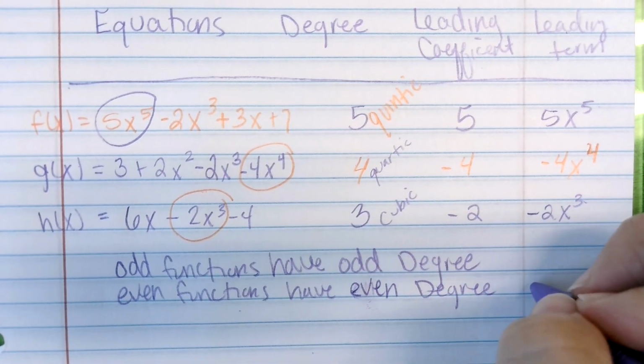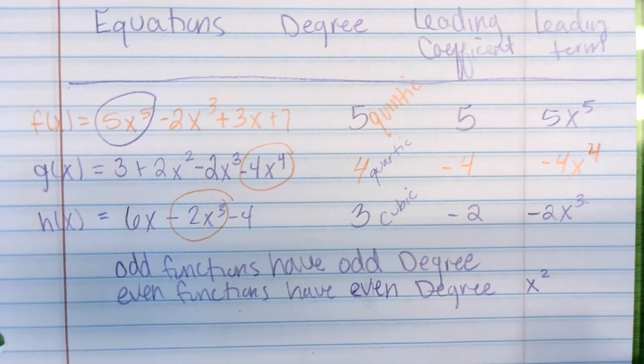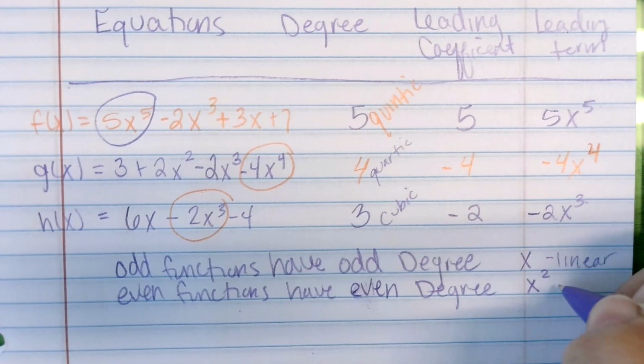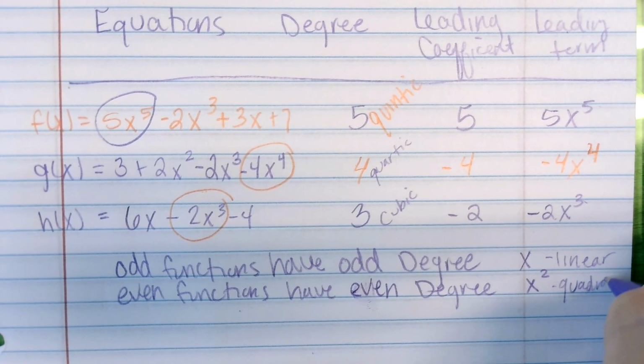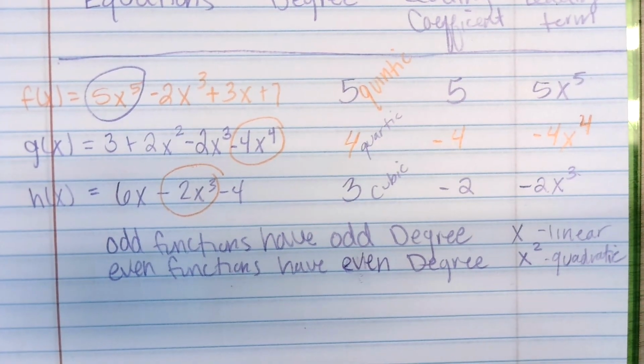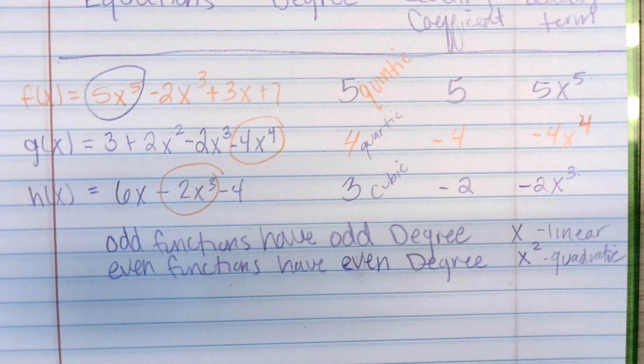Another even function would be a quadratic function. Oops. Another odd function would be a linear function. Okay? Any even power is an even degree, any odd power is an odd degree.